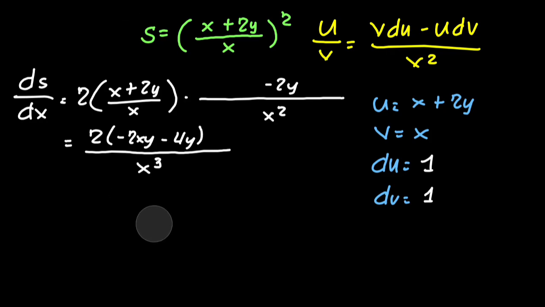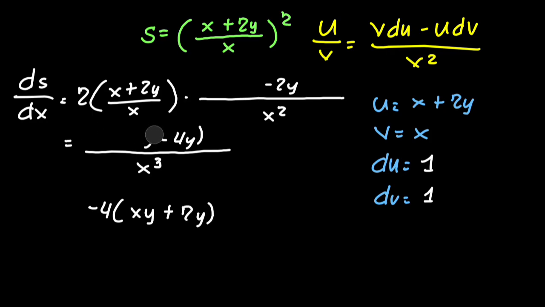If we want to simplify this, let's factor it. Put negative 2 outside, so negative 2 multiplied by 2 would be negative 4, multiplied by xy plus 2y. So this would be negative 4 multiplied by xy plus 2y.